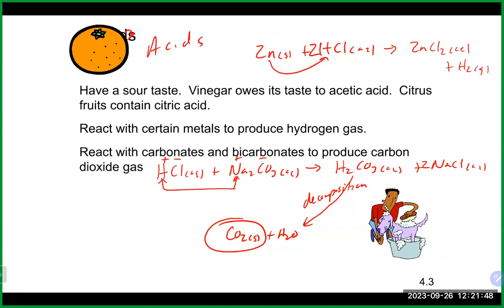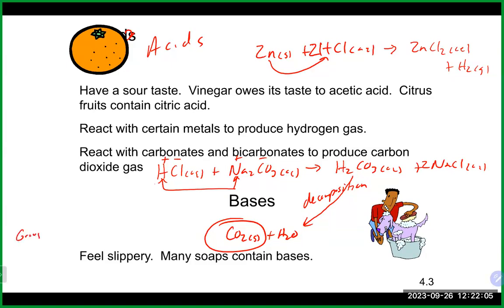All right, so now we'll talk about bases here. Bases do feel very slippery. Many soaps contain bases. A lot of our bases and a lot of our strong bases come from group 1 and 2 on the periodic table. Group 1 is the alkali metals, group 2 is the alkaline earth metals.